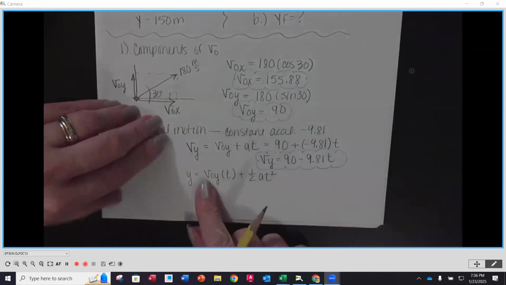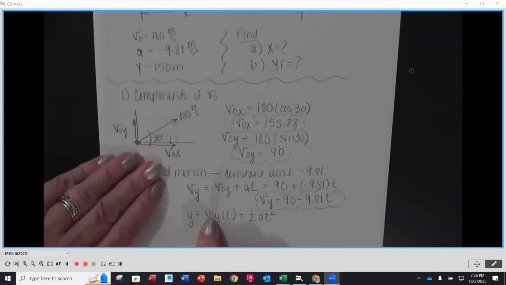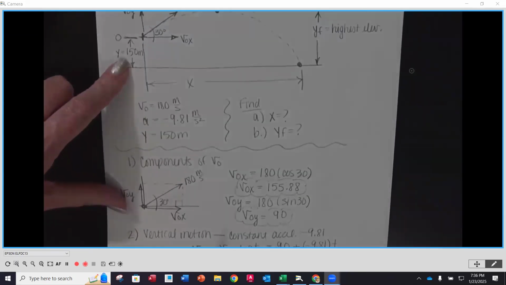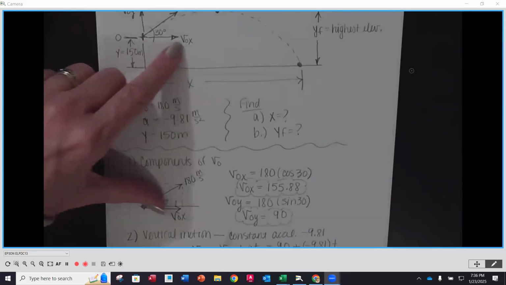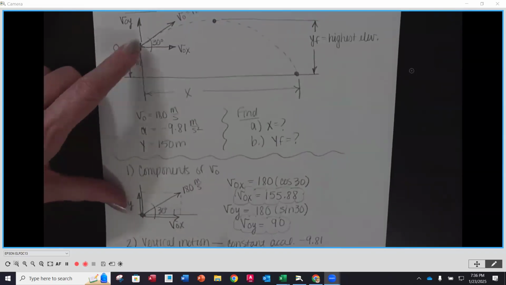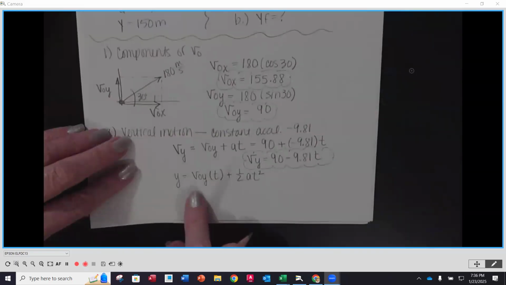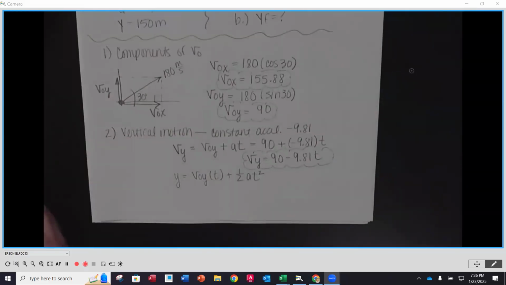Now, something I didn't add was the XO or the YO here. I didn't put it on right now because our origin is at 0 here, and this is where we're starting. So from our origin where we have our YO starting, it's at 0. So there isn't an original distance.